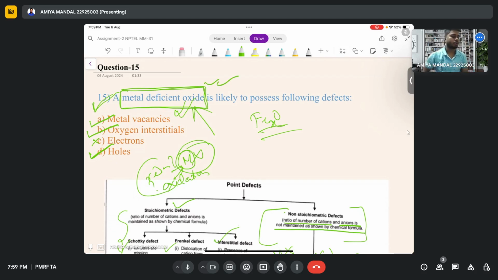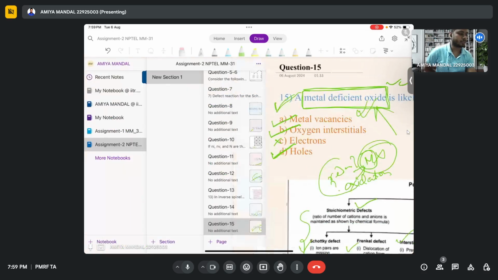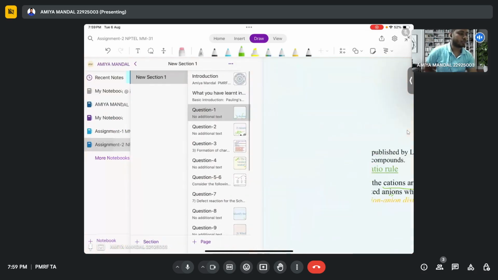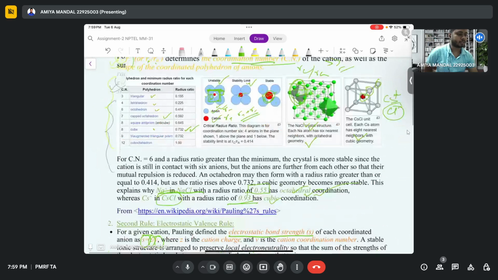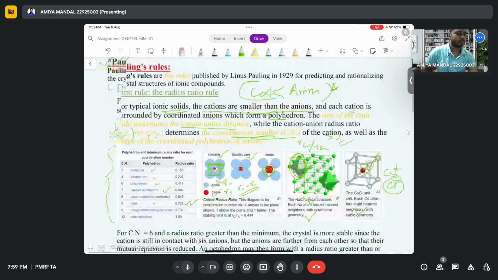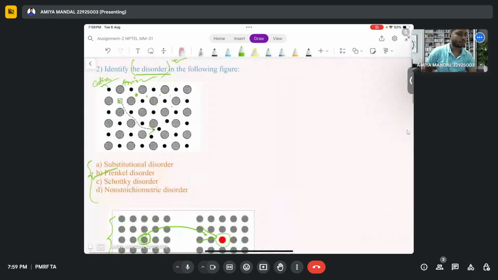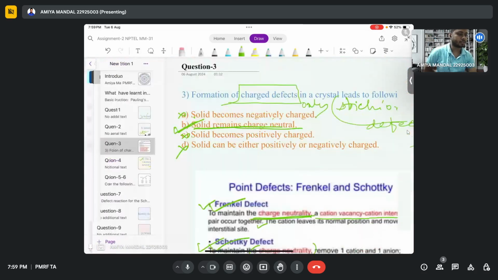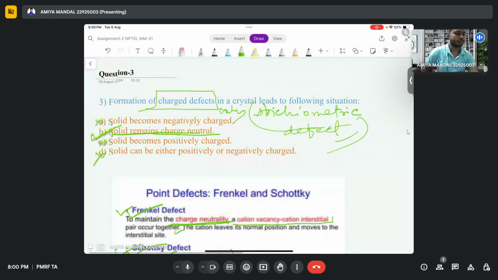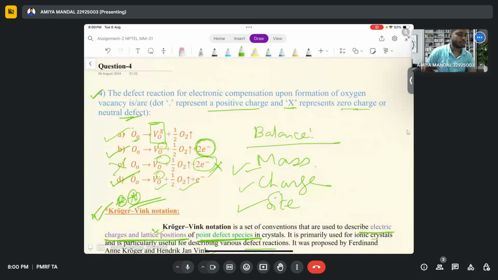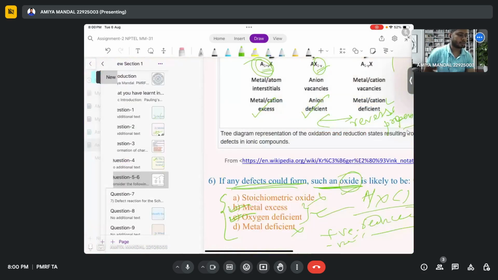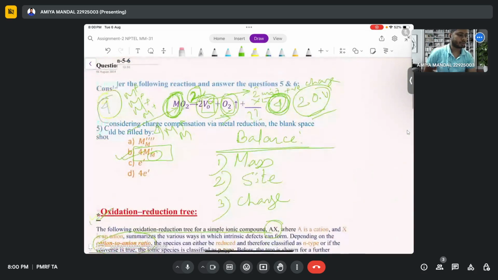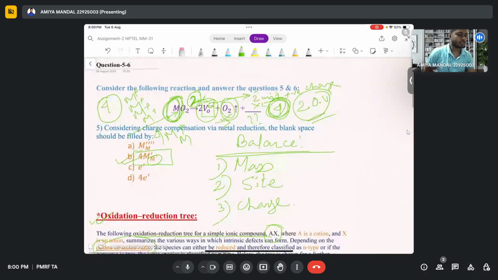And I have tried to go through all 15 questions of this assignment, from question number 1 to question number 2. Okay, it has been discussed. 3, it has been discussed. 4, it has been discussed. 5, 6, okay. But there is a question from 6.